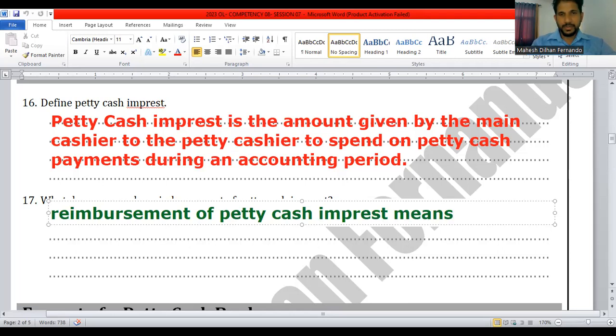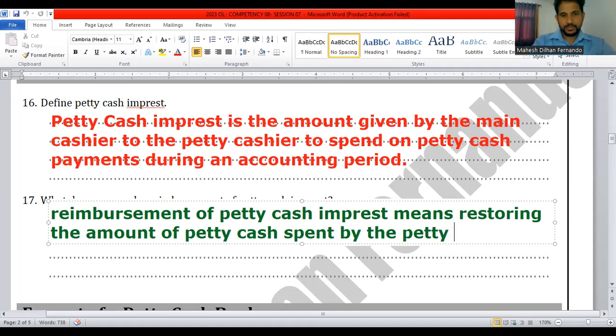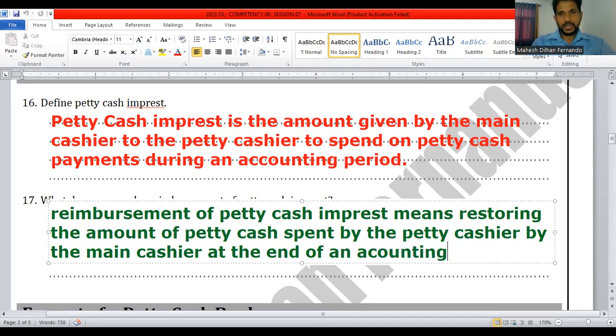means providing or restoring the amount of petty cash spent by the petty cashier, by the main cashier, at the end of an accounting period.